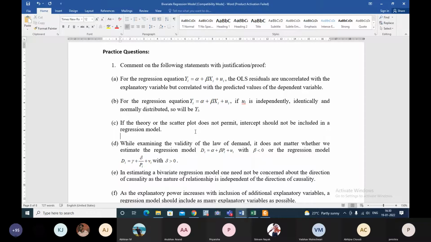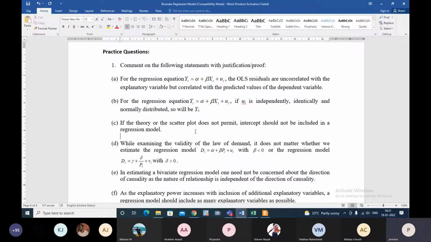As you rightly pointed out, if we drop the intercept straight away, then the OLS estimators will not be corrected for the mean, and then, as you said, the summation of u hat I is equal to 0 property will not hold because I don't have the first normal equation.